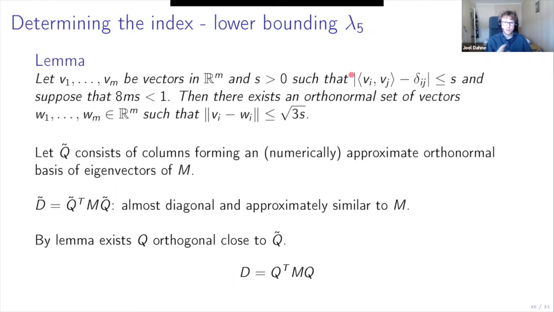But now we have an approximation, so it will not be exactly orthonormal, but up to some error, and this error is s, which is somehow small. Then there exists an orthonormal set of vectors which is close to the v_i, bounded by this square root of 3s. So if s is small, then we know that there's an orthonormal set of vectors close to our set.